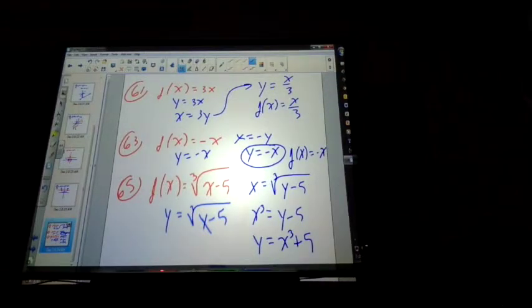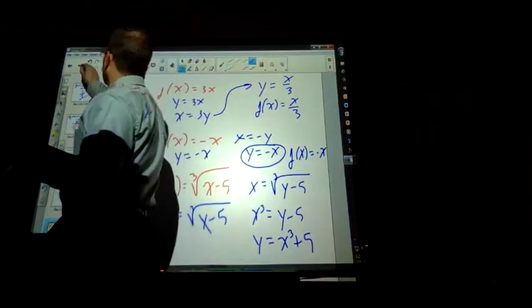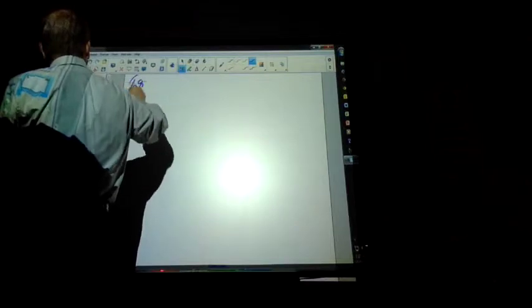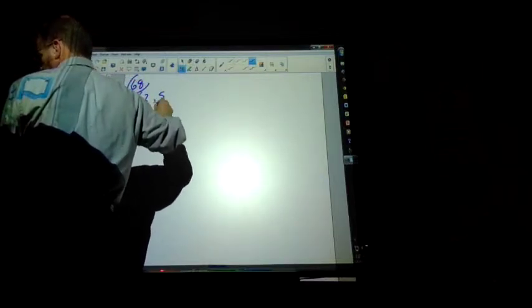68 through 72. Let's see. Each graph from 67 to 72 is graphed as 1 to 1. Sketch the graph of the inverse function. So I'm going to write down what all my points were first.